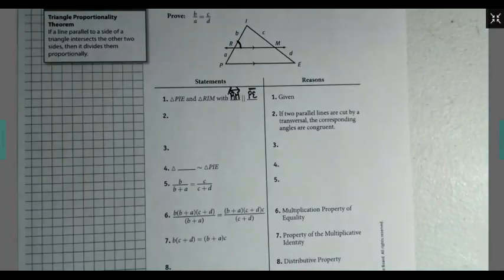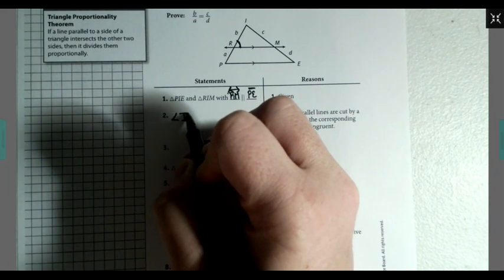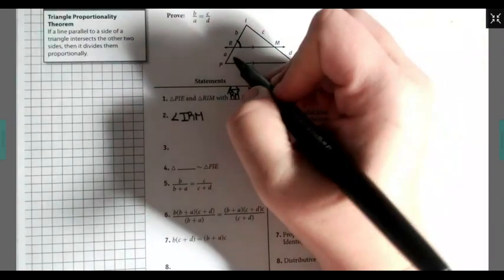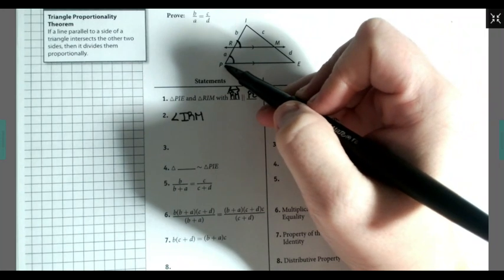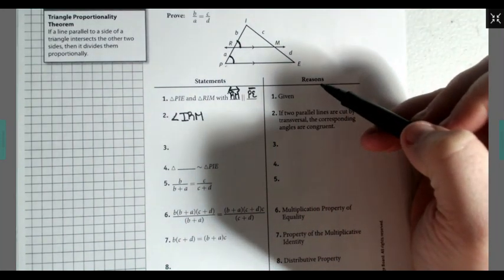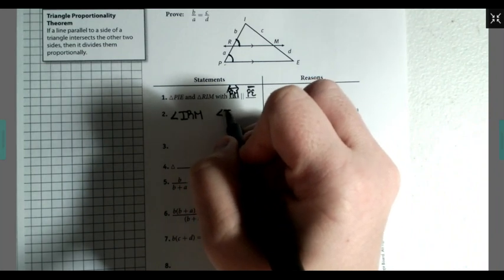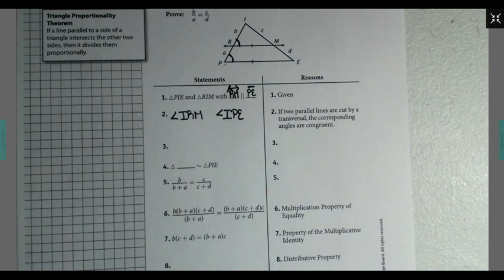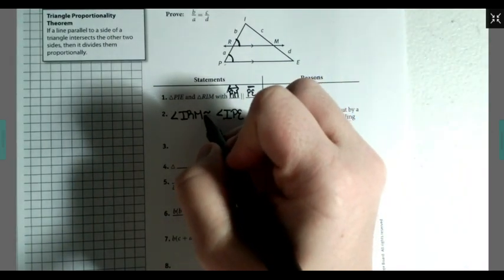Say I want to start with angle IRM, and its corresponding angle would be IPE. What do I know about corresponding angles? Well, right there it says that they're congruent. So we're going to say that these are congruent.